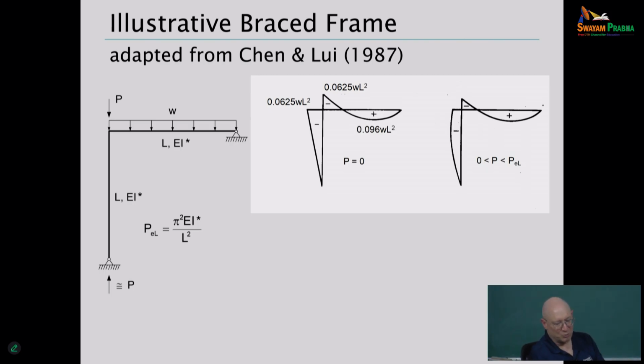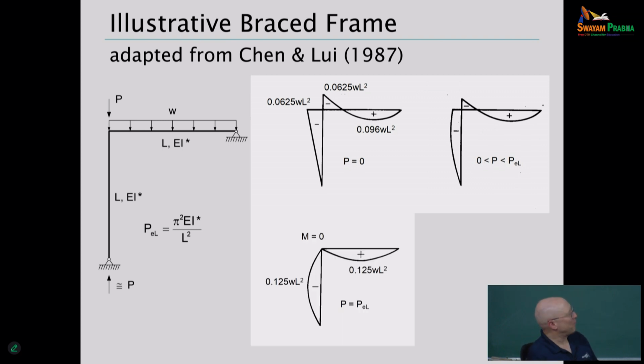But you're getting a reduction in stiffness of the column, and your moment diagrams are starting to look like this. This second moment diagram is for axial load level between 0 and P_EL, where P_EL is the Euler load, pi squared EI over L squared. Now let's take axial force equal to P_EL. Guess what? For this dinky little frame, the moment at the knee joint is now 0.